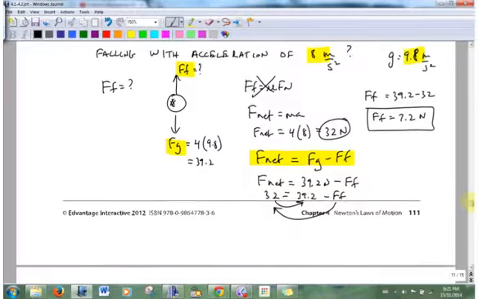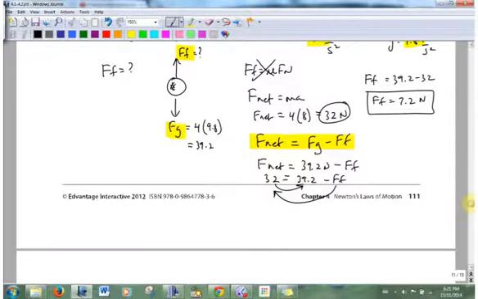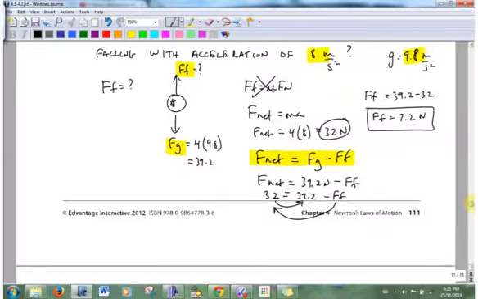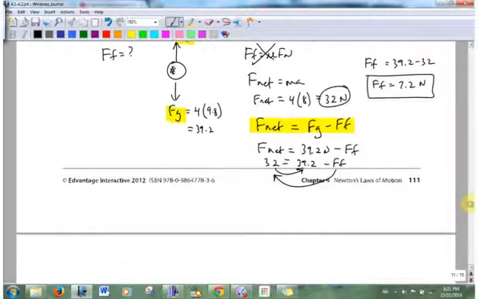You want to see how a kid in big school would do it? When I say big kids school, I mean university, maybe even grade 12. Here's kind of what you should do, is generate a formula specific to this question. I know Fnet is ma, that's Newton's second law. I know the difference of these two forces is the net force.